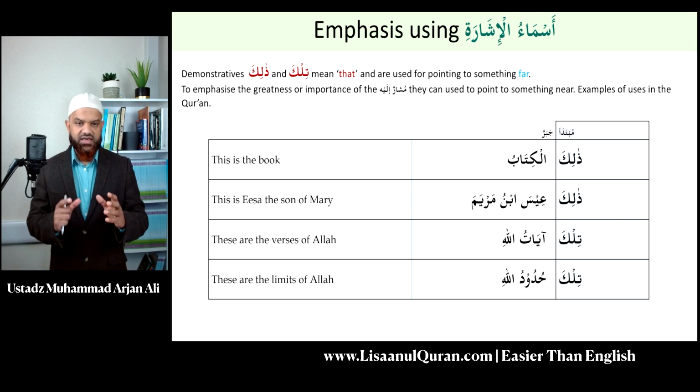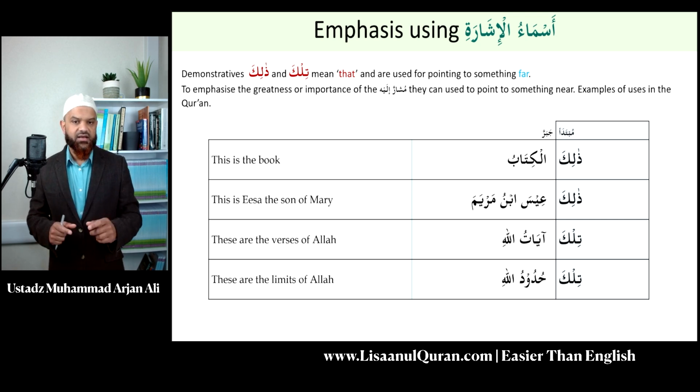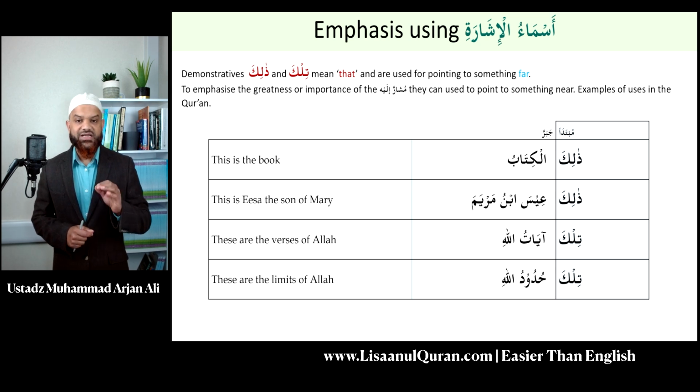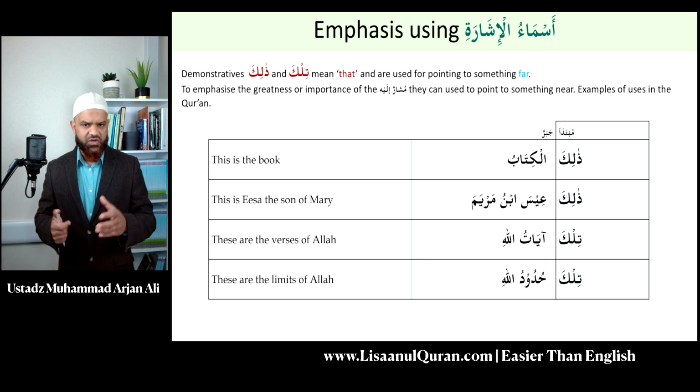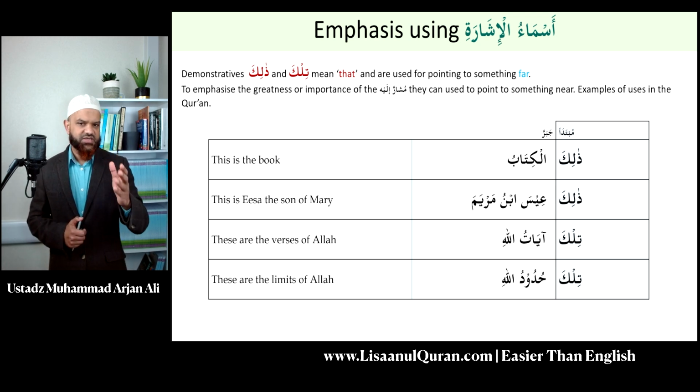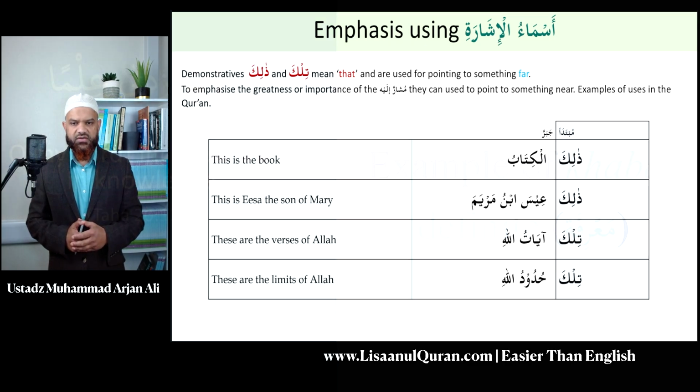So you can see here, dhalika and tilka being translated as this, as if it is close. The reason why, it is to signify or emphasize the greatness and the importance of the thing that is being pointed to. Please note this use, inshallah. When you see this different translation, it is because of this reason. And there are many other ways in Arabic of emphasizing. We will look at them in detail as they come along. But this is a very important one, as this is part of the demonstratives that we have to learn.